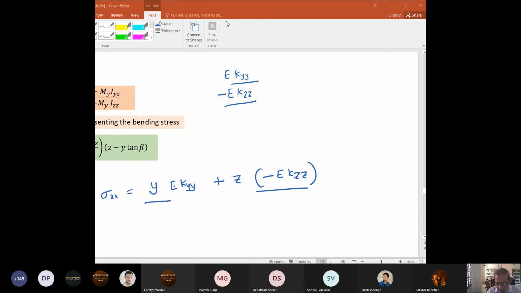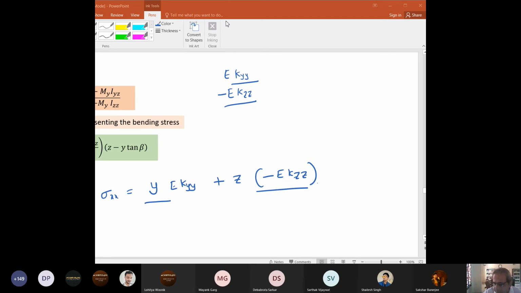You see, it will bend about both axes, because M we have taken about the Z axis and also about the Y axis. So naturally it will bend sideways, isn't it? And also it will bend this way.